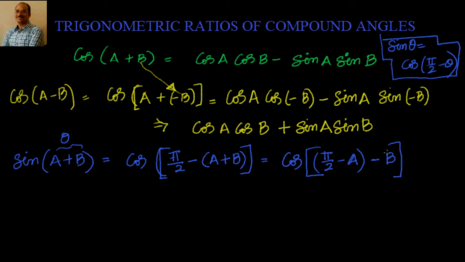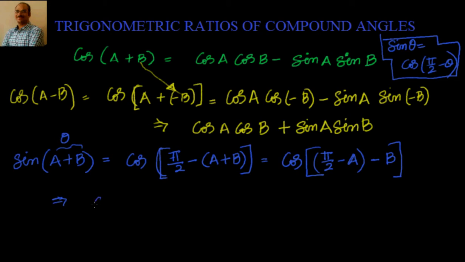So this is nothing but my a now, and this is b, and this is in the form of the second formula. Now what is a now? A is equal to pi by 2 minus a and b is equal to b. For cos of a minus b, what is the formula? The formula is cos a cos b plus sin a sin b.